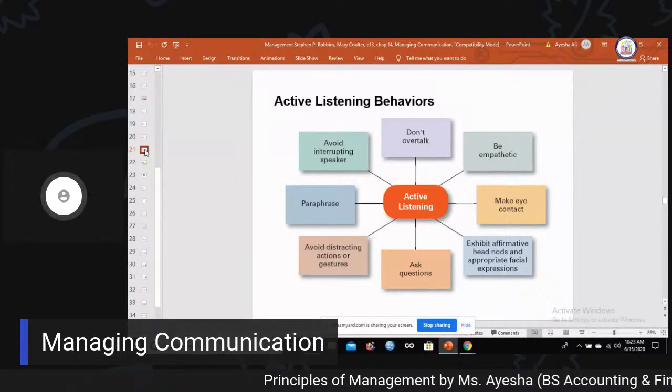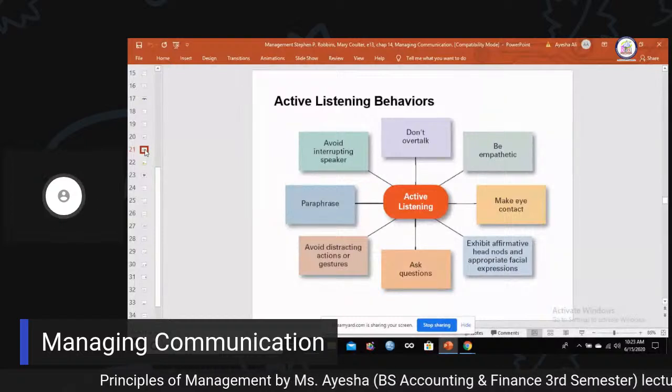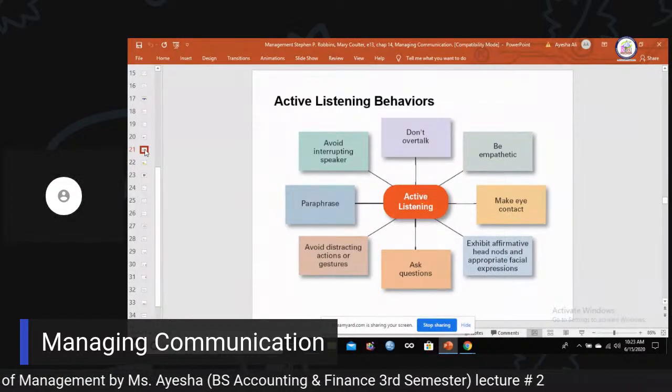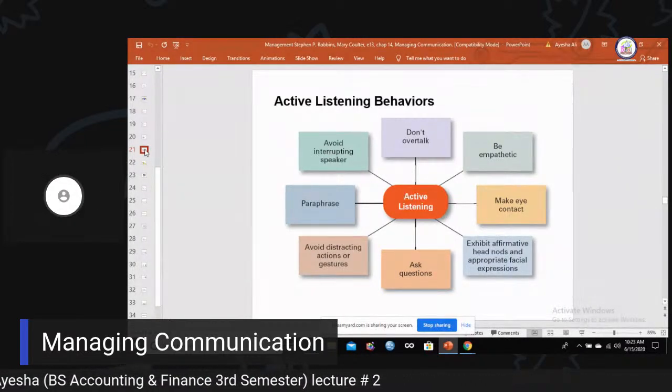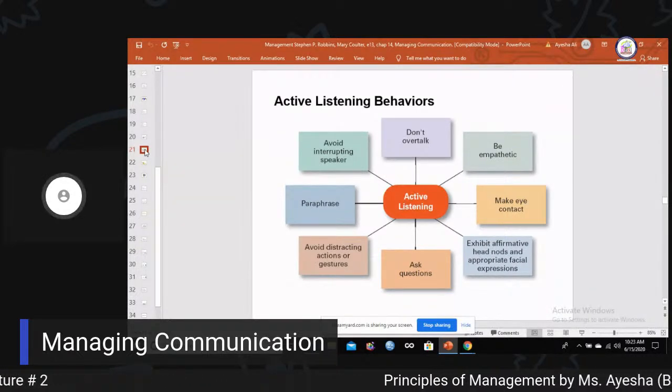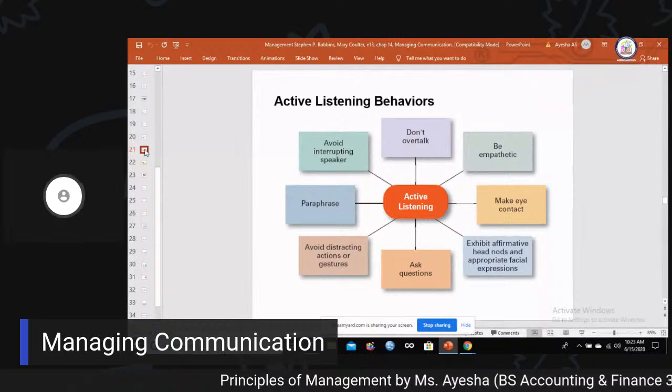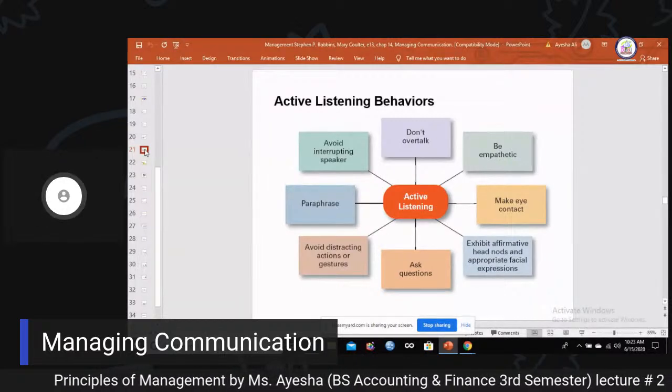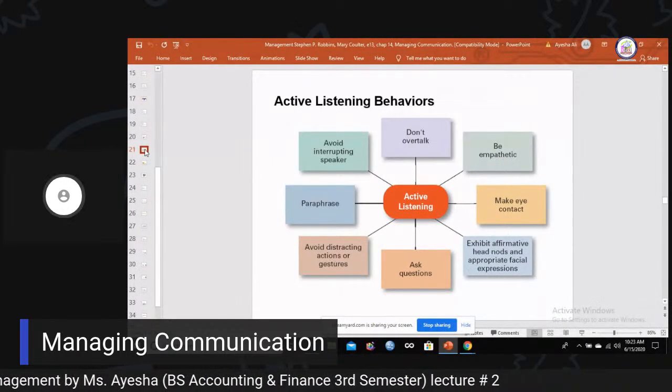The first thing in active listening is don't overtalk. We have to listen. We have to shut our mouth. We can give feedback after the sender completes their discussion, their message.